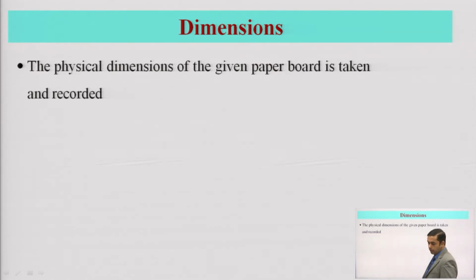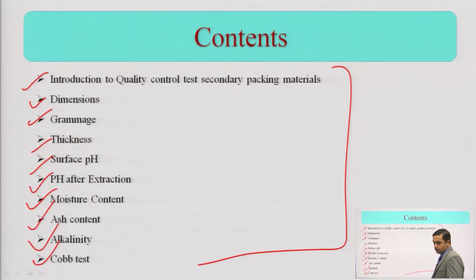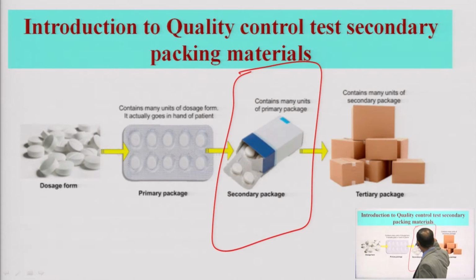Now, for dimension, you can check the physical dimension of the paper board that is taken and record it. For example, if you go to my previous lectures, you may see its various dimensions, how long it is, in centimeters or meters or whatever unit you prefer. Why is it important?